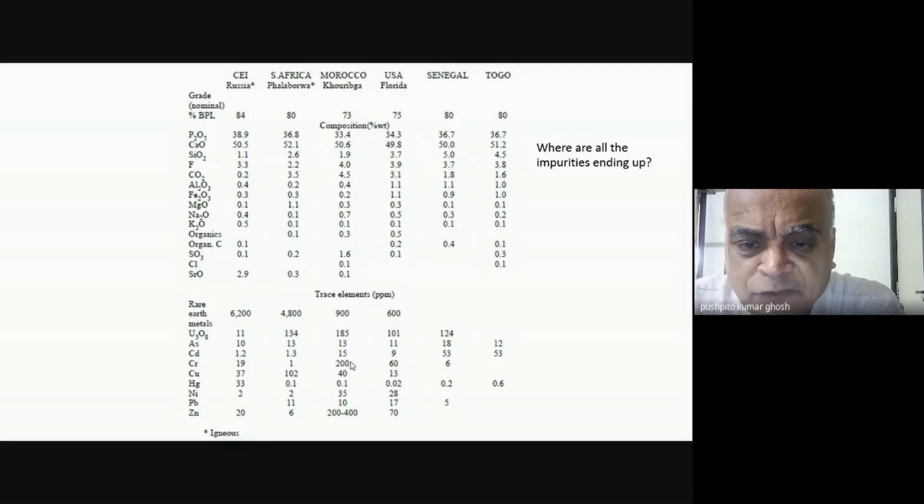Nobody seems to be asking whether any of these things are also ending up in the fertilizer, and if they're ending up and it is going into the field, can you imagine the devastation it can cause? So I'll show you some situations and some results which are of grave concern, very, very serious concern.